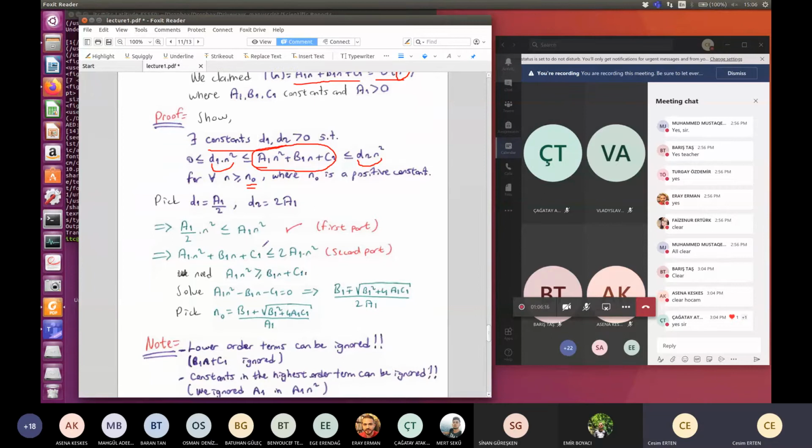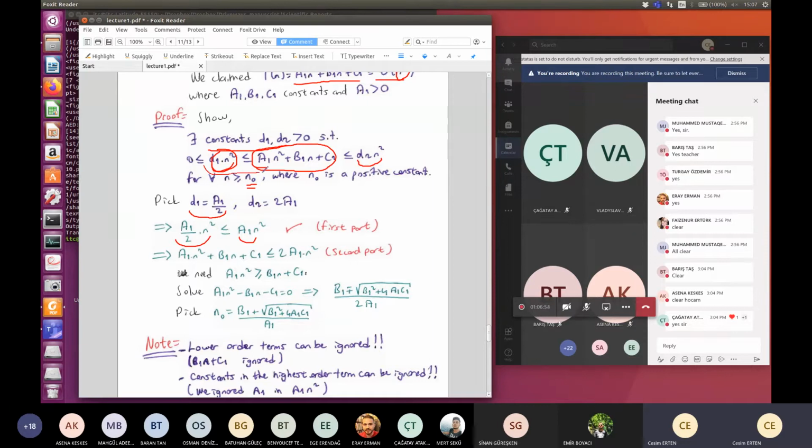So we pick special values for these two constants. If I pick d1 equals a1 divided by 2, let's see what happens. On the left part, we will have a1 divided by 2 times n squared, and on the right part, we already have a1n squared plus b1n plus c1. Even if you forget the terms b1n plus c1, a1n squared is already bigger than or equal to a1 divided by 2 times n squared.